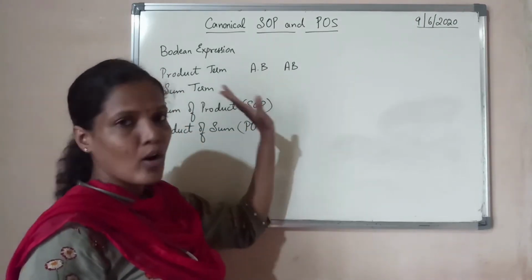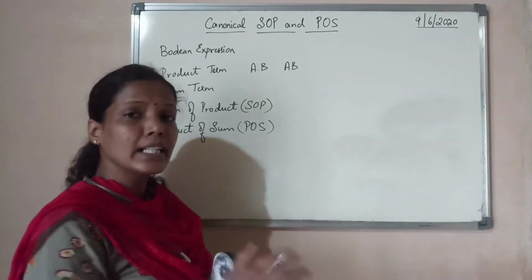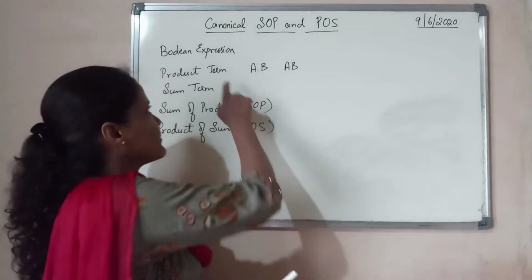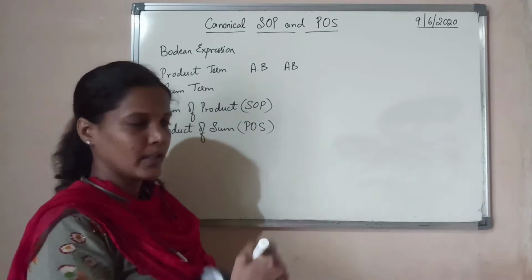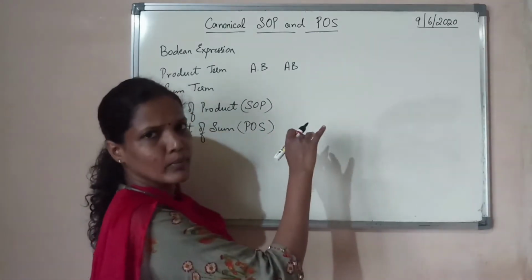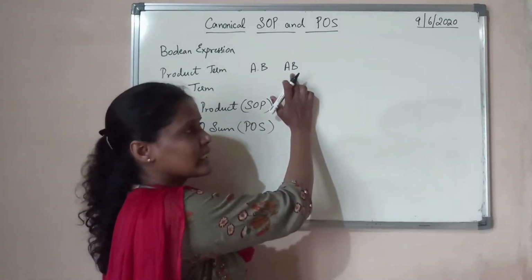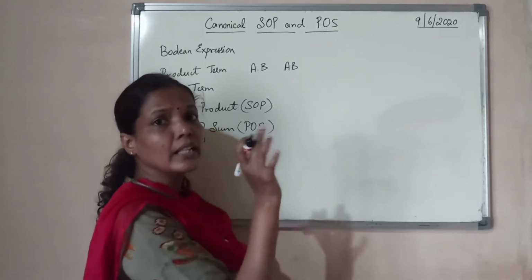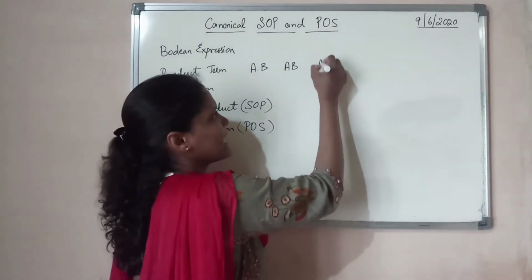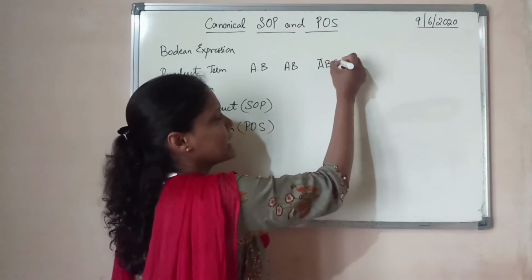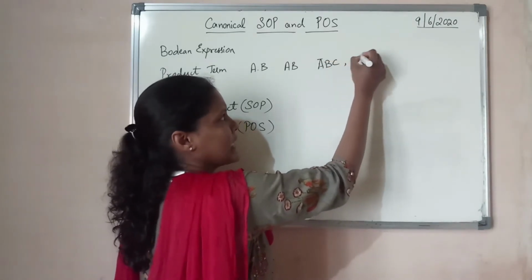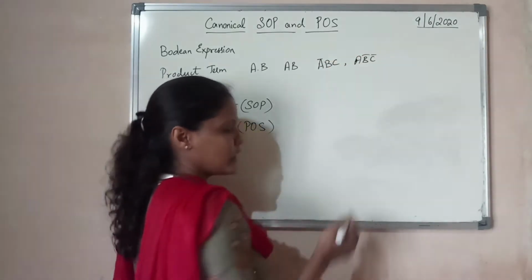So ANDing of the variables, either in the complemented or uncomplemented form, is called a product term. It can be complemented or uncomplemented. In this particular example, both the variables are in uncomplemented form. I can take it in any manner, a bar b c or a b bar c bar, however we want.